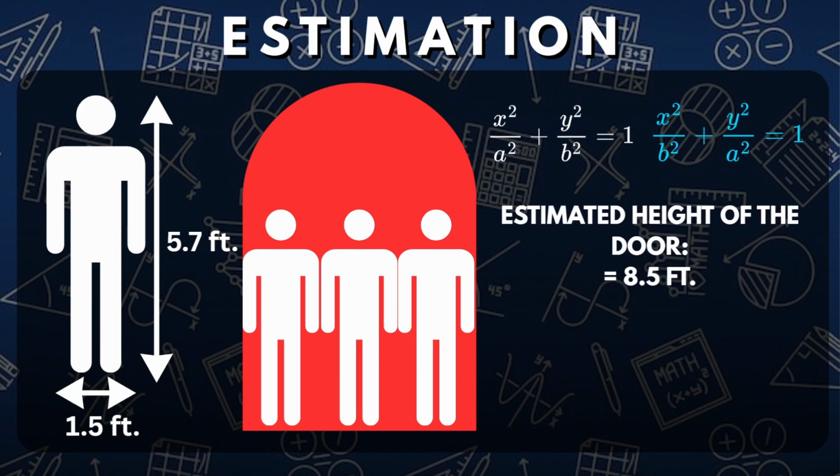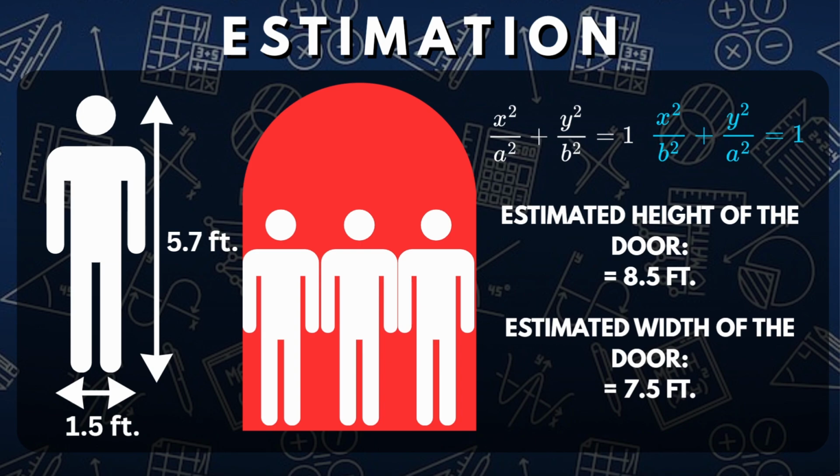So the estimated height of the door, with spacing for the head, is about 8.5 feet. Now, if we input that to our calculator, 8.5 minus 5.7 would give us 2.8 feet of allowance vertically. For our estimated width of the door, we have 7.5 feet.